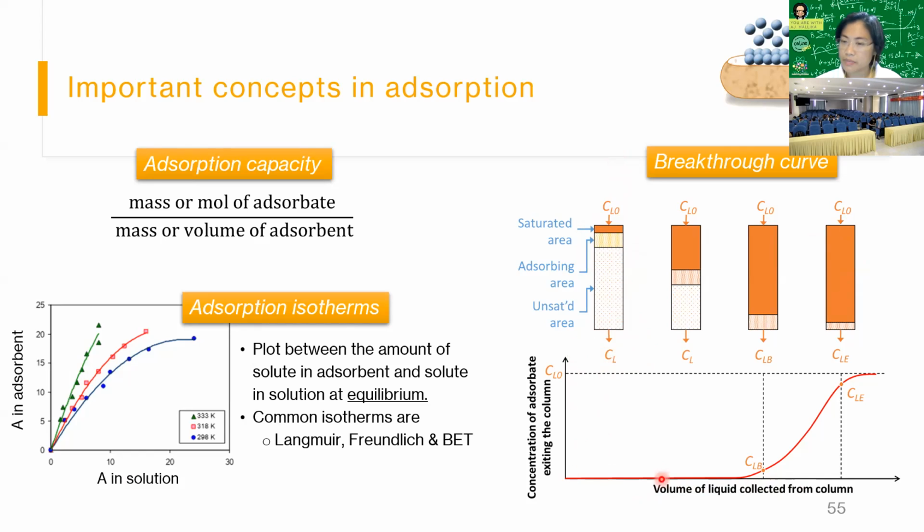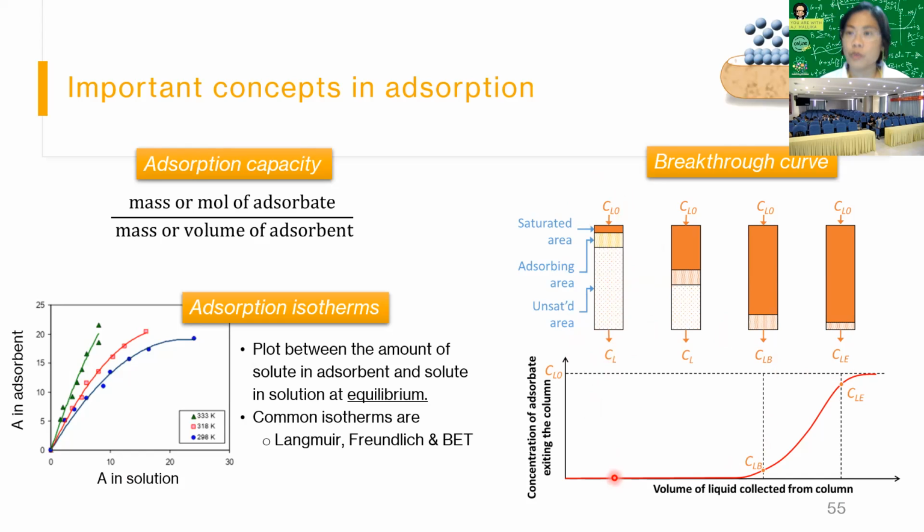This is a typical curve that you would get. What happens here is that at the start of the adsorption, most of the resin has not been used yet. The adsorption hasn't saturated anything yet, so everything that you put in gets adsorbed in the column, and then you come out having nothing.